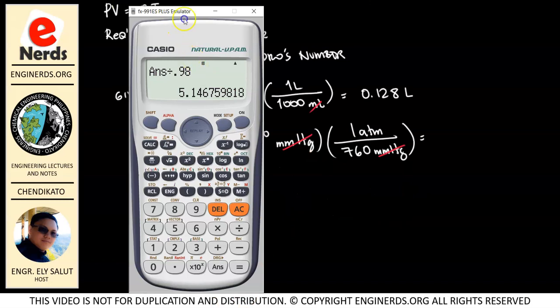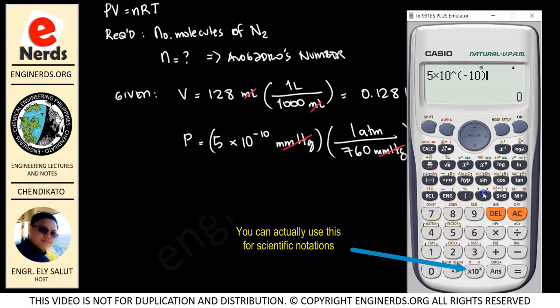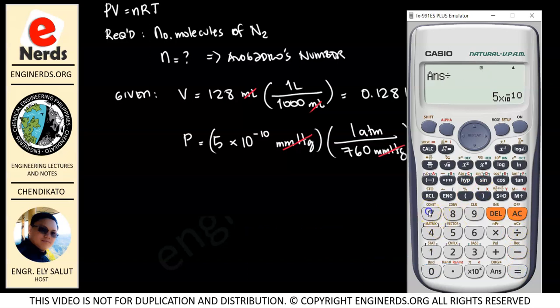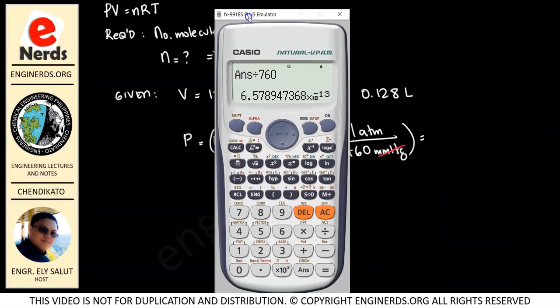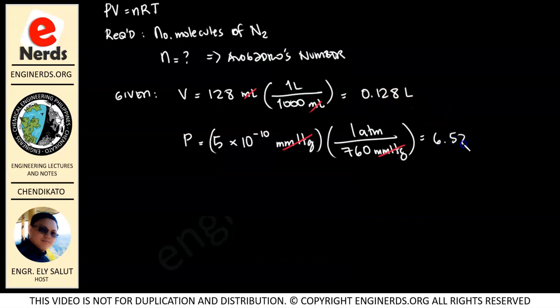So, we have 5 times 10 to the negative 10, divided by 760, which is equal to 6.58 times 10 to the negative 13 atmosphere. Okay, so that is our pressure.